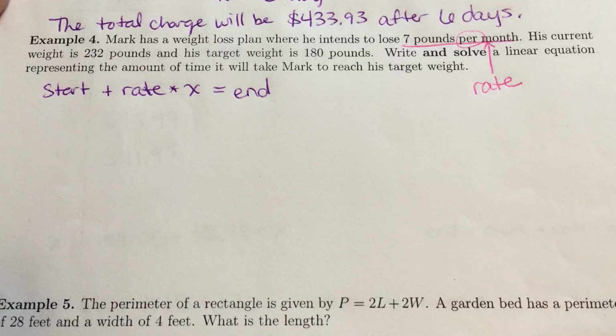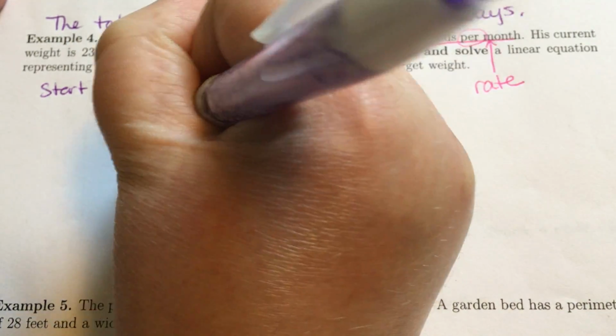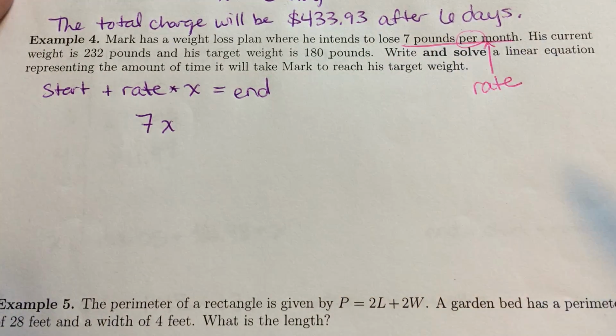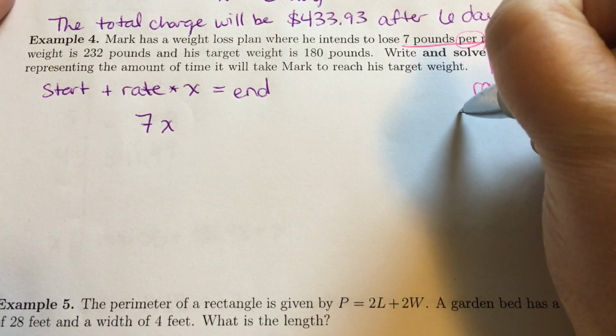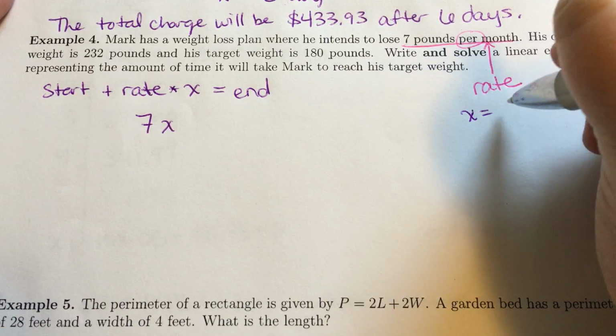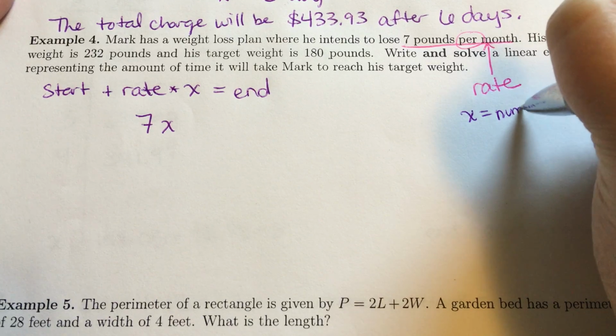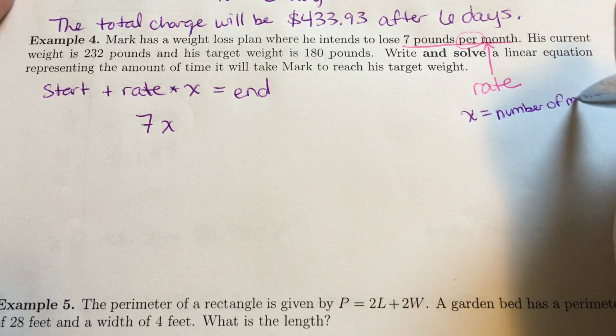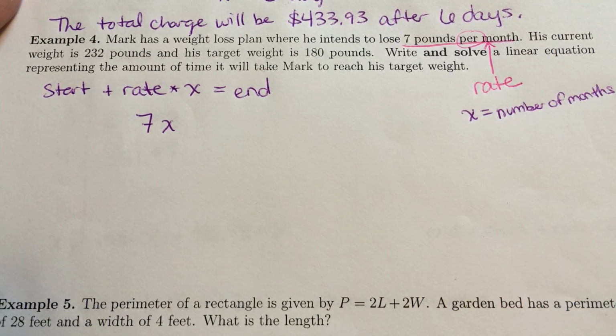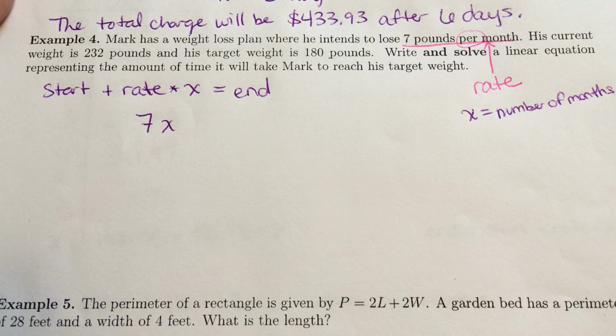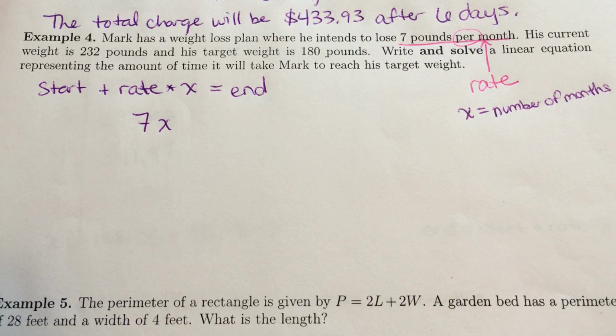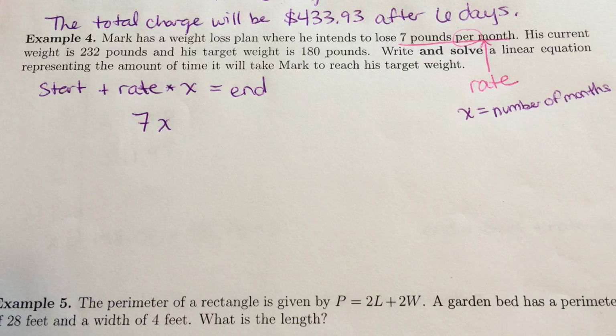So I know my rate is 7, and we know that because it says 7 pounds per month, and the per month also tells us that X is representing the number of months. So paying attention to units in these problems will help us identify where everything goes and what everything means.